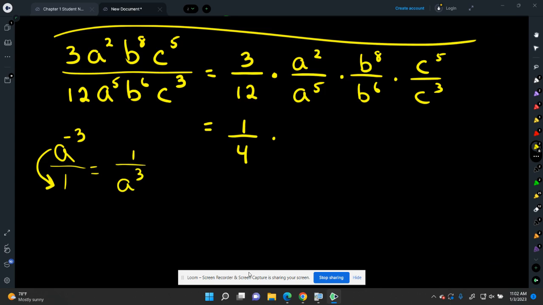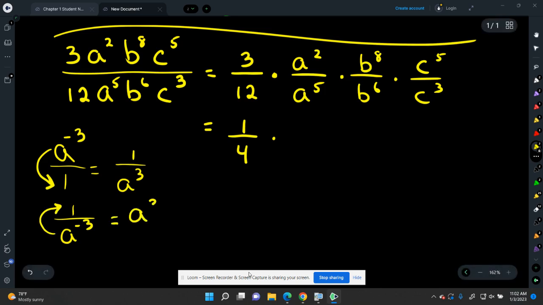If it was on the bottom, how do I make it positive? I move it to the top. You move it and it becomes positive. That's how we make the exponent positive. If it's on the top and negative, you move it down. If it's on the bottom and negative, you move it up.